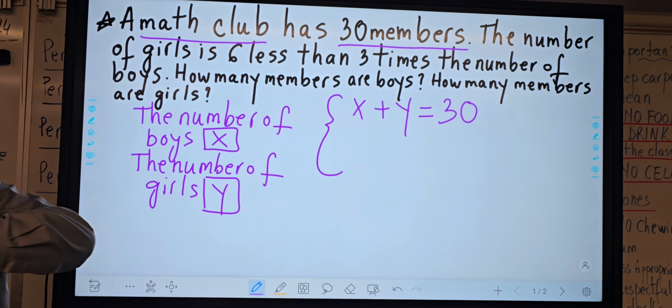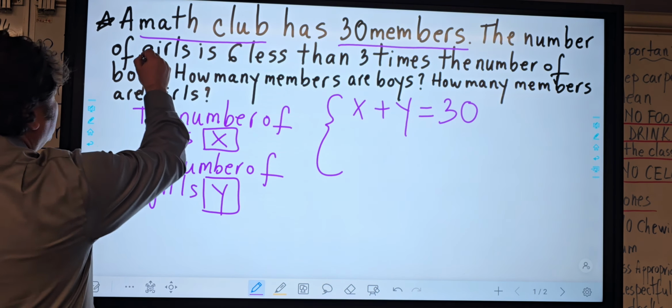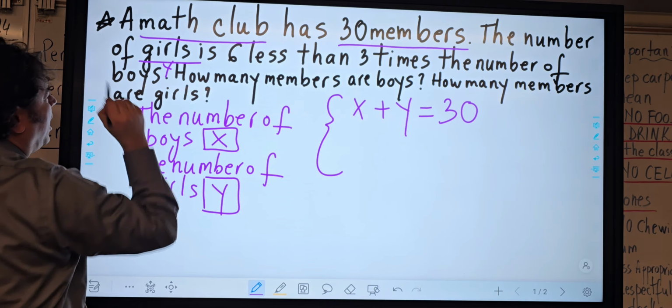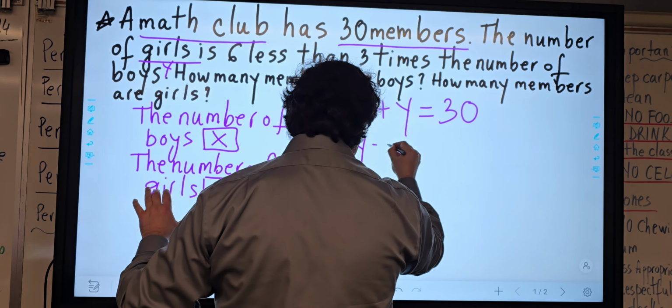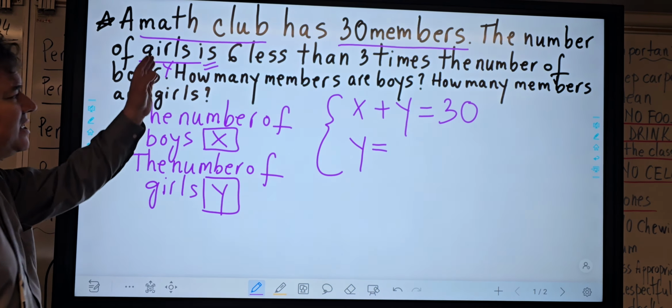Let's take a look at the second equation. It says here that the number of girls, which is Y, is, in math, represents equals.